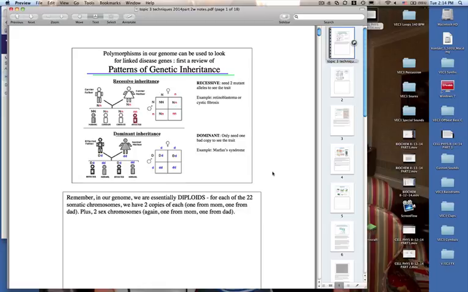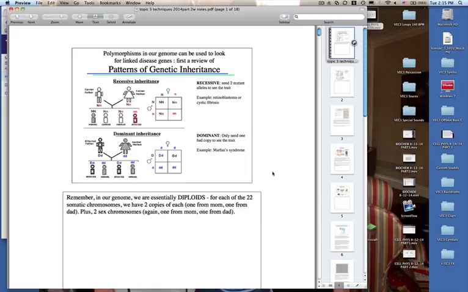If we're talking about somatic chromosomes, remember our chromosomes 1 through 22, where we have 2 copies of each, we can have 2 patterns of inheritance, either a recessive pattern, which means that we have to have 2 copies of a mutant gene in order to show the phenotype, or dominant inheritance, where you only have to have 1 bad copy of your gene in order to show the mutant phenotype.